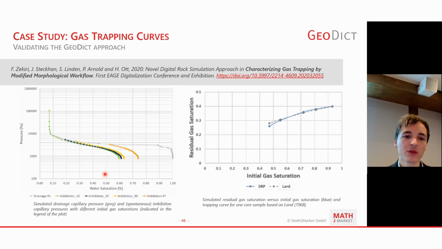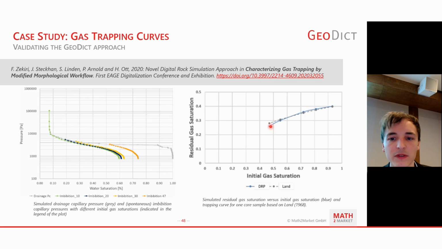An application for that would be in the oil and gas industry if you compute gas trapping curves, where you consider different initial gas saturations. Based on these initial gas saturations, you can then obtain the residual gas saturation after the gas is allowed to leave the structure.